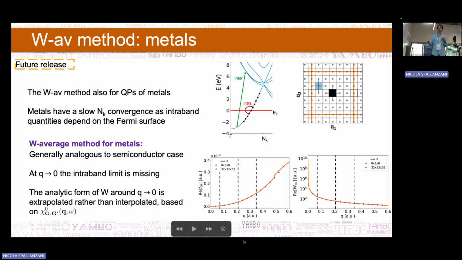In particular, we are linking the behavior of this extrapolating function to the reducible polarizability, chi zero, that is a polynomial. And you see in the small region here a nice superimposition, where we are extrapolating between the analytical result and the numerical result on the denser grid. This is for the extrapolating function for the screened Coulomb interaction.